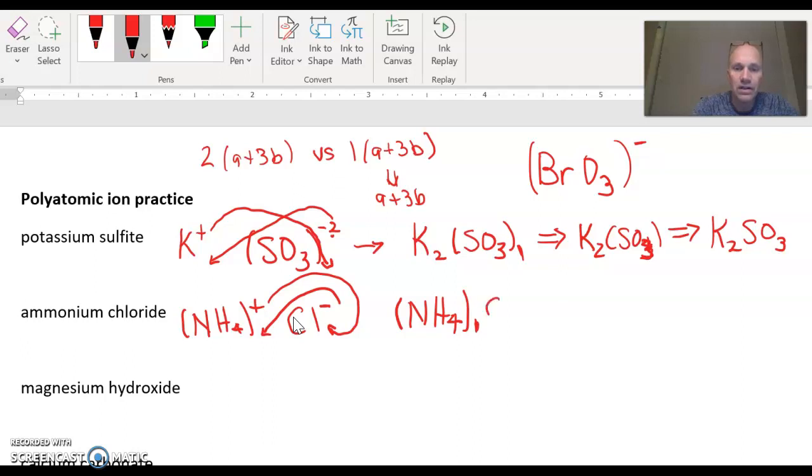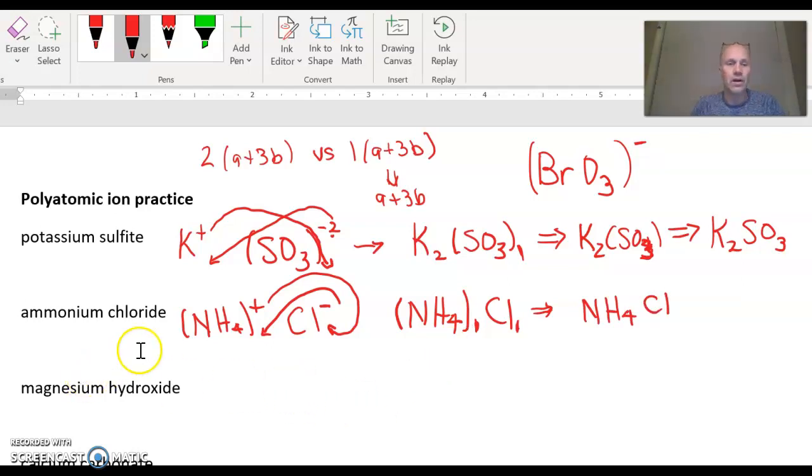And then the Cl, the number that goes down there, is going to be a 1. Then we're going to clean this up, and I'm going to skip one step. So 1 to 1, we drop the 1s. Getting rid of both of these 1s, we now have a polyatomic ion right here that we only have 1 of, so we're going to drop those parentheses. So that's just going to become NH4Cl.